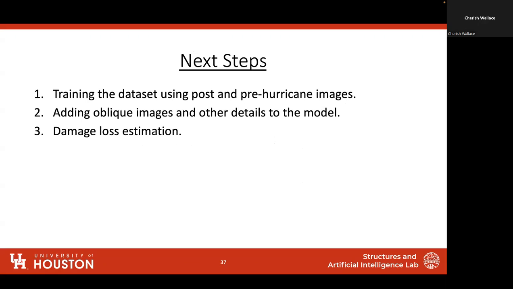So this is what I've done so far, and in the next few months and weeks, I'll be working on these steps. The first thing is training on the dataset using post- and pre-hurricane images. The second is adding the oblique images and other details to the model, as for a single building we have around 5 images, 4 from all the directions and 1 from the top, and similar for the pre- and post-hurricane.